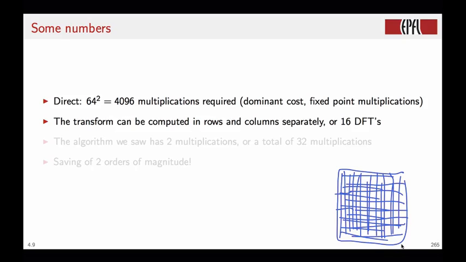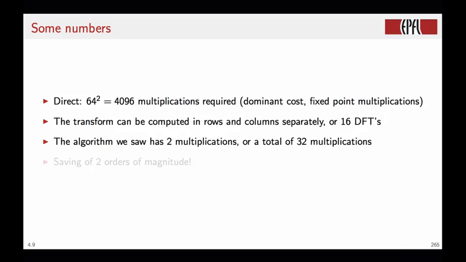So that's 16 DFTs, let's say. Now the algorithm we saw has 2 multiplications, and so we have a total of 32 multiplications. 32 rather than 4000. That's more than 2 orders of magnitude, right?